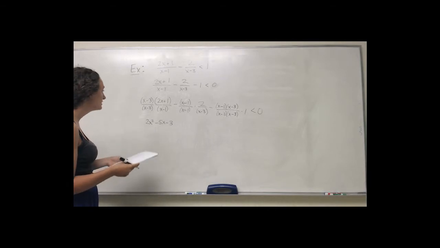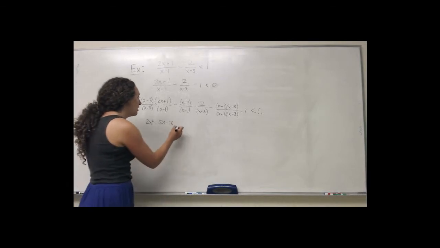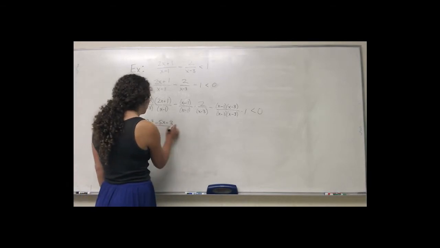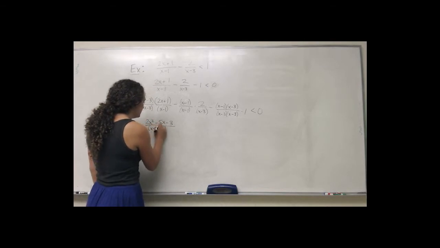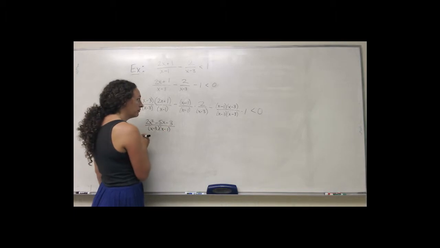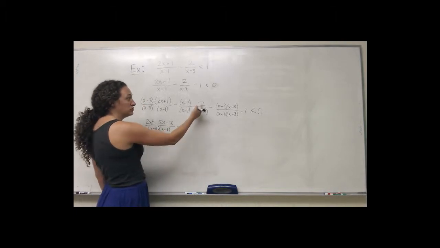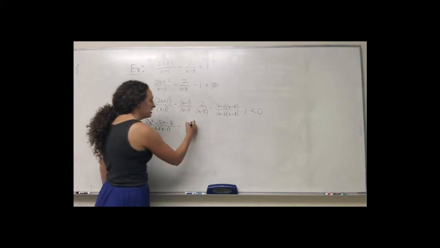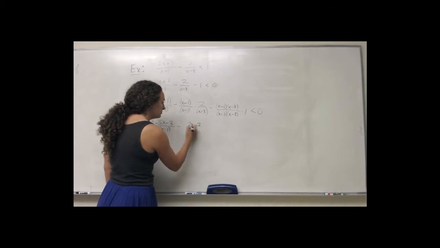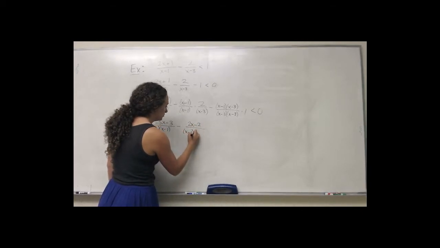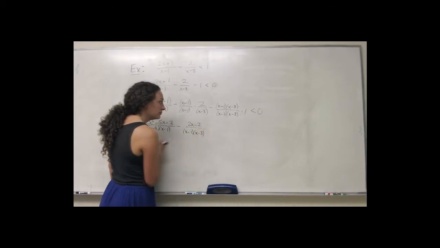It's just good practice. That's over x minus 3 times x minus 1, and then minus 2 times x minus 1, which is 2x minus 2 over x minus 1, x minus 3.